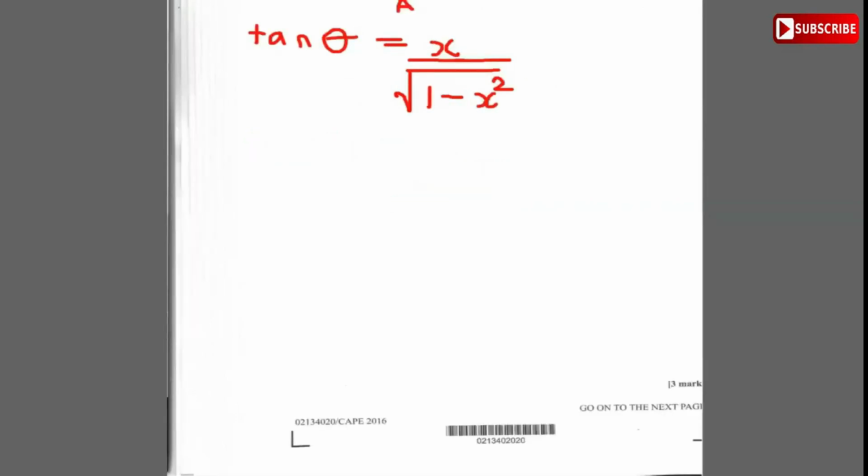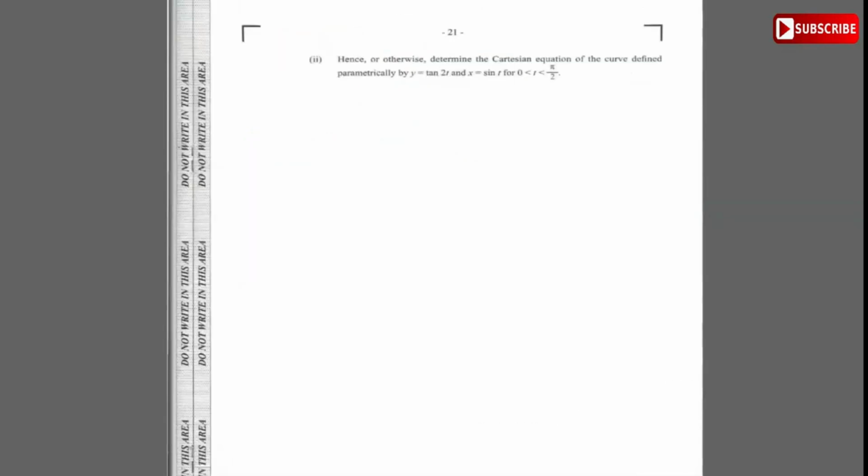3 marks. Next part says, hence or otherwise determine the Cartesian equation of the curve defined parametrically by y equals tan 2t and x equals sine t. Hence, I'm not going for the hence, I'll go otherwise. I don't even want to utilize that.